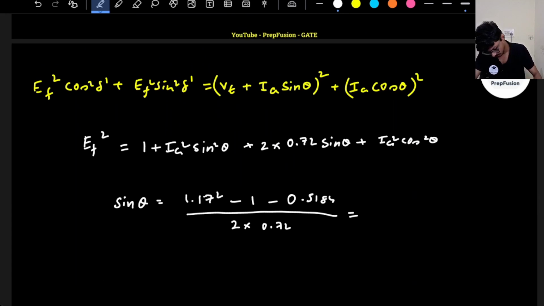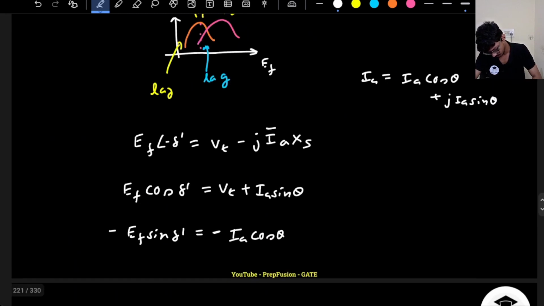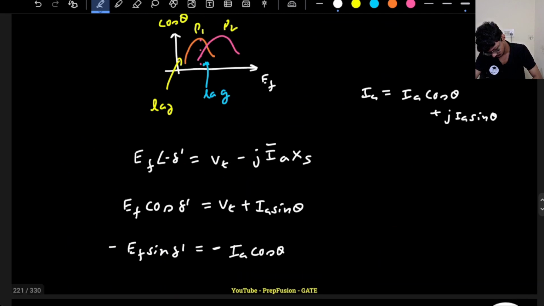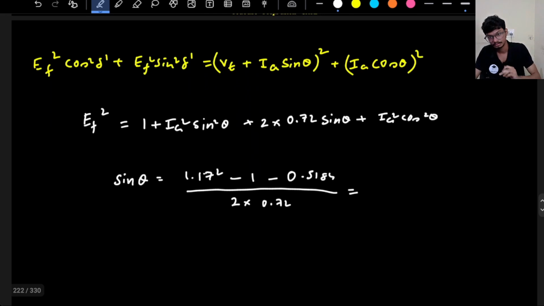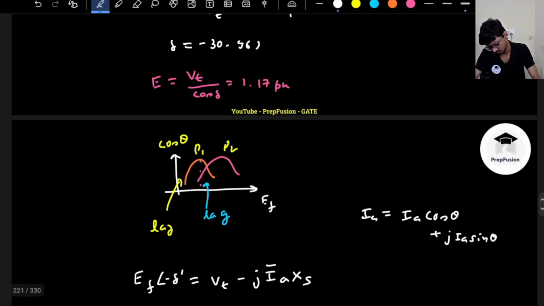Give me 1 second. VT is 1 only, EF is 1.17, right? Am I doing it correctly over here? Theta is coming out to be negative.